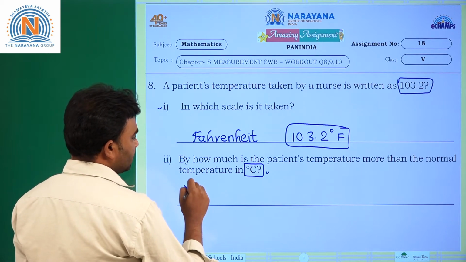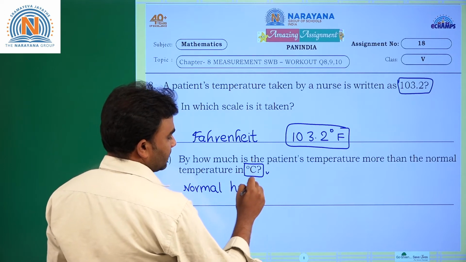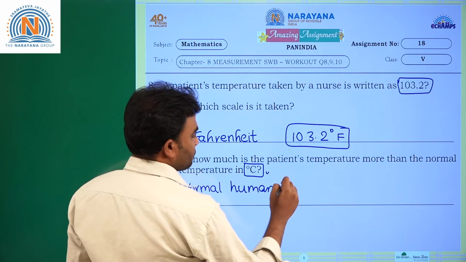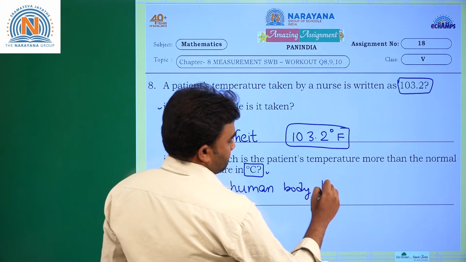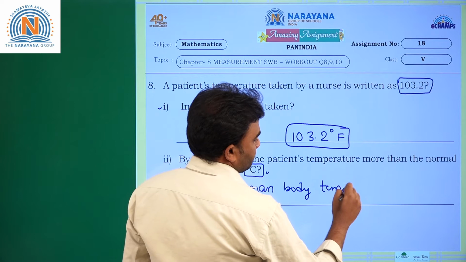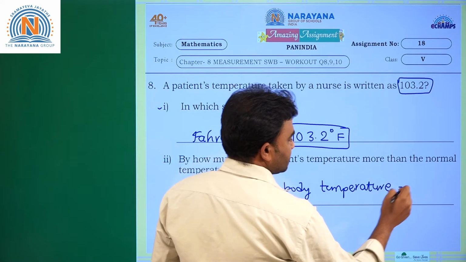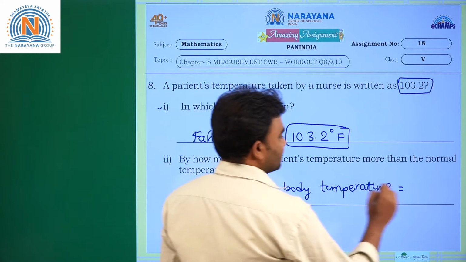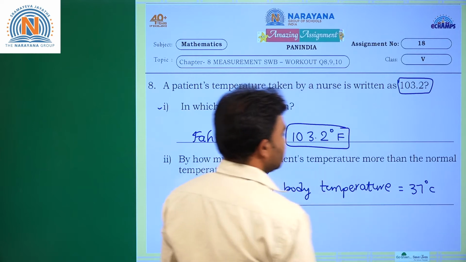Normal human body temperature is 37 degree Celsius.